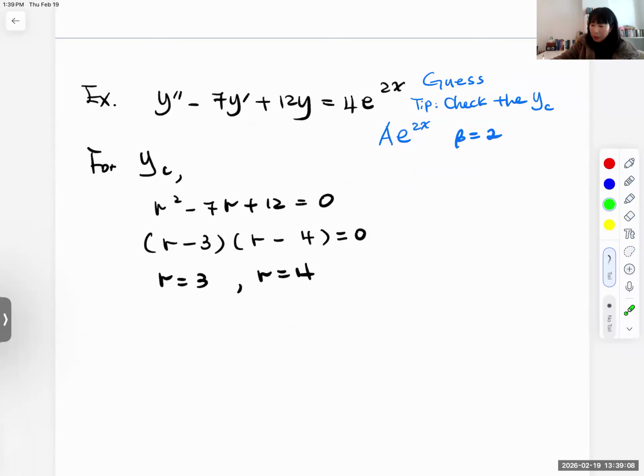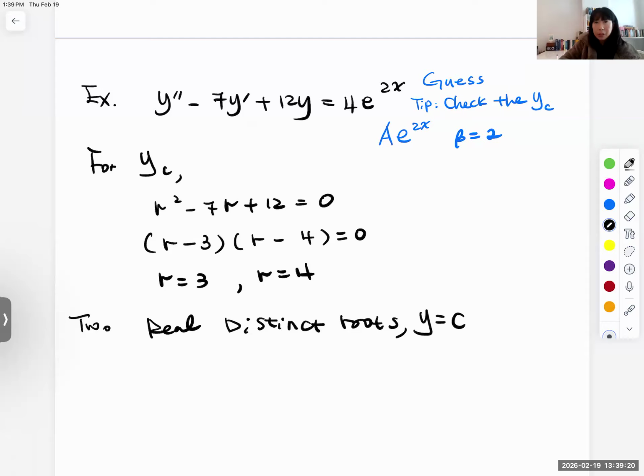Okay, so that will be two real distinct roots, and the solution will be y equals c sub 1 e to the r sub 1 x plus c sub 2 e to the r sub 2 x, yeah?